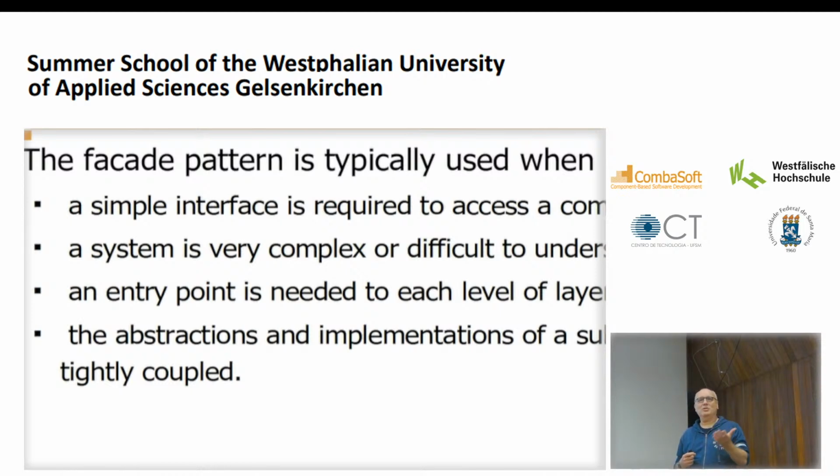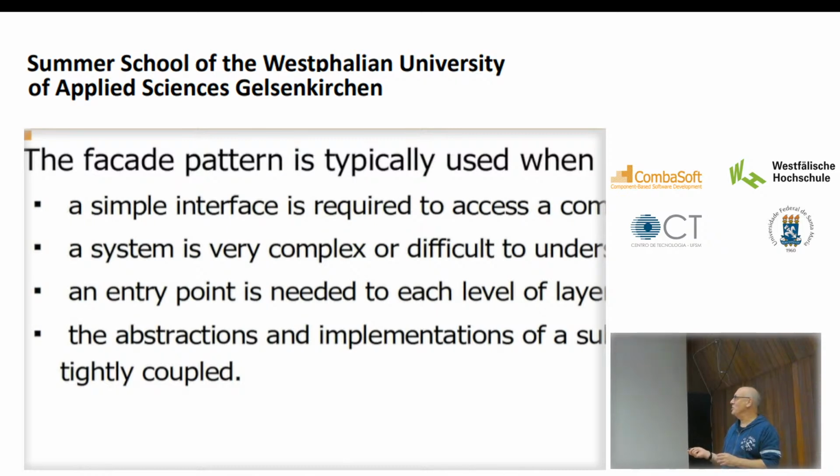If you supply just a simple interface or facade, then it's better for the one who wants to use it. Yes, an entry point is needed to each level of layered software. So we have this facade, then it's one point where they touch our systems.